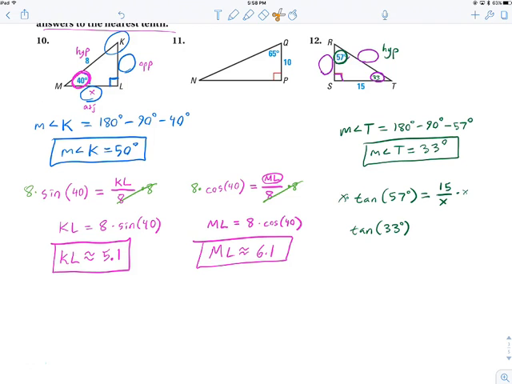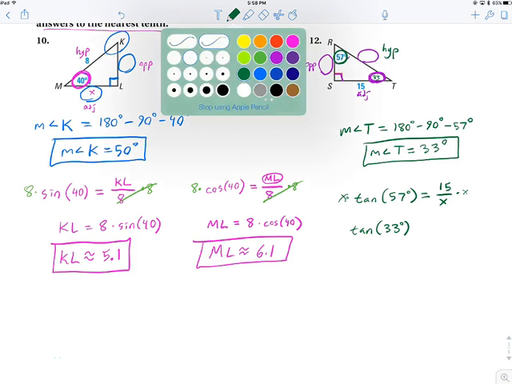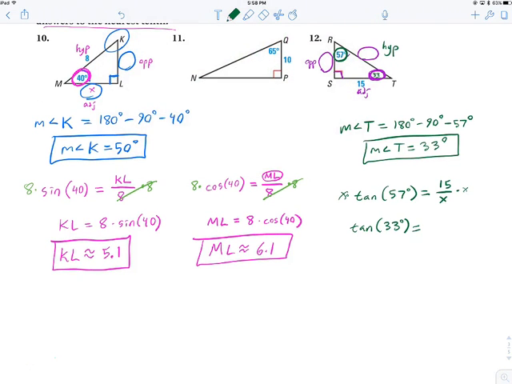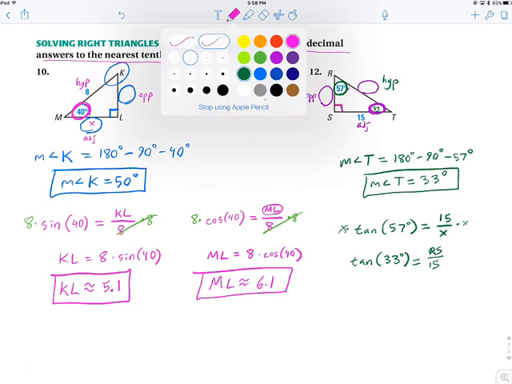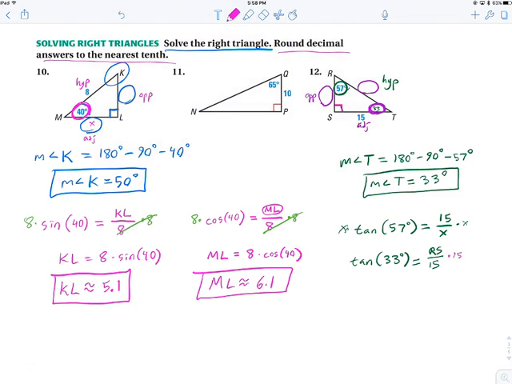So with respect to the 33 degrees here, this side is now my opposite, and this side is now my adjacent. And look what this does. Going back to green here, now the tangent of 33 degrees would be the opposite side, which is RS, or my unknown, if you would call it X, that's okay, over 15. And that makes the algebra a little bit easier, because now, if I just multiply by 15, I'm done.